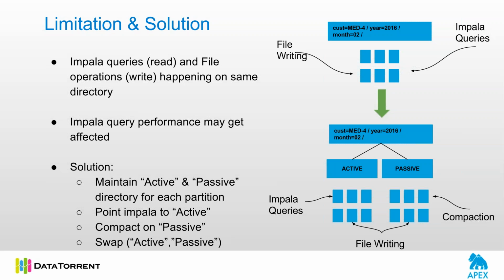And whenever we receive a trigger from the compaction operator saying that the files are ready to be compacted, then we would do the compaction operation on the passive directory and then make it active.